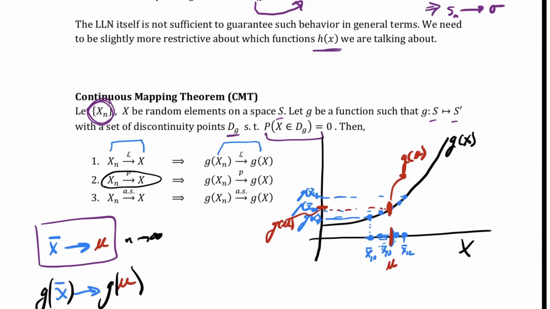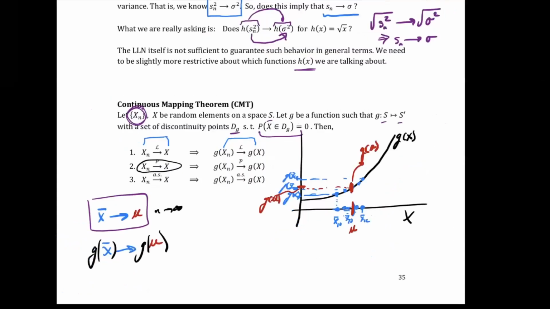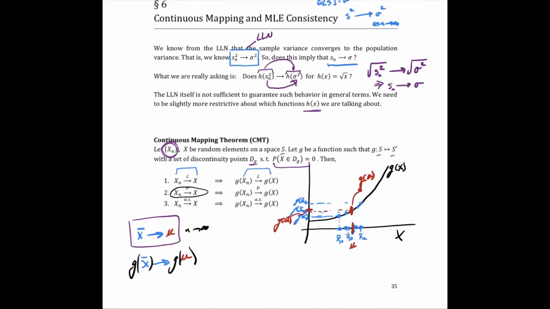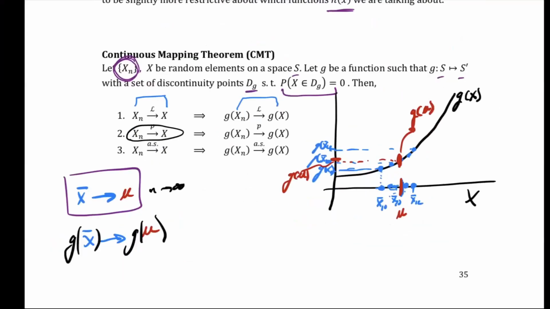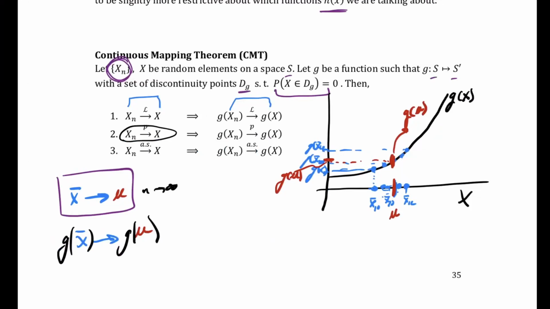Now, this can break if your function's not nice, neat, and smooth. So if I were to take a case here, here's x, and let's say my function goes like this.